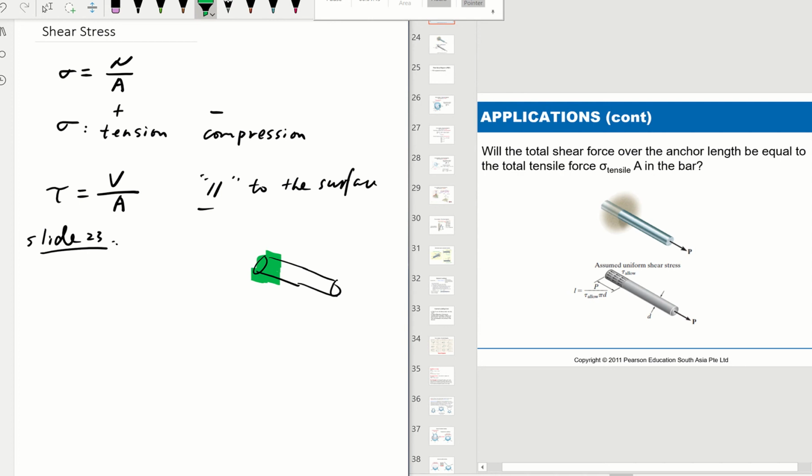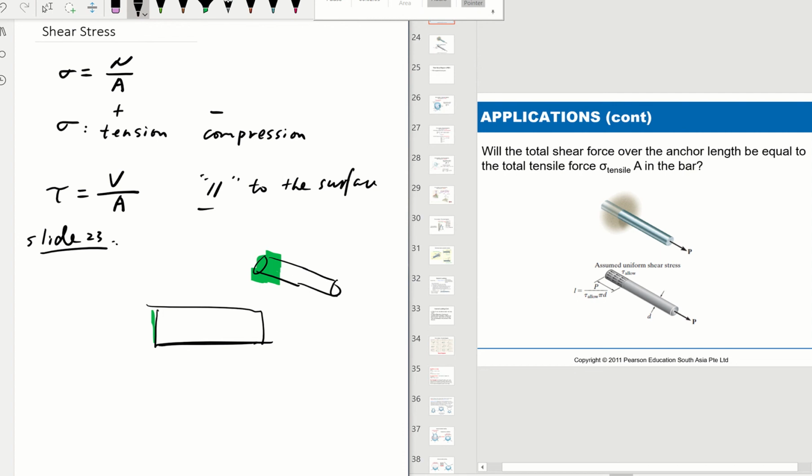Remember, if you cut anywhere and unroll it, kind of like a Fruit Loop, what shape does it become? It becomes a flattened rectangle. For this rectangle, what would be the length here?